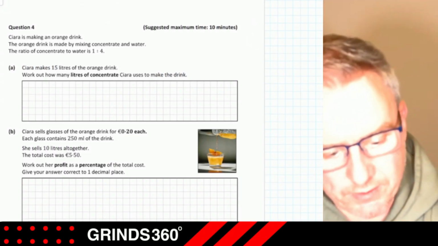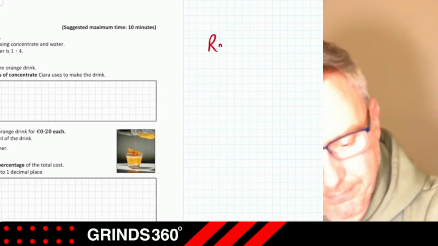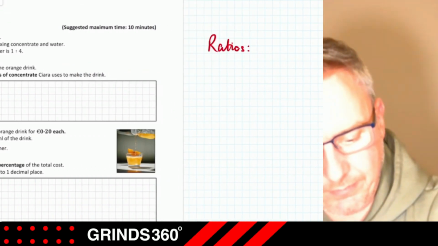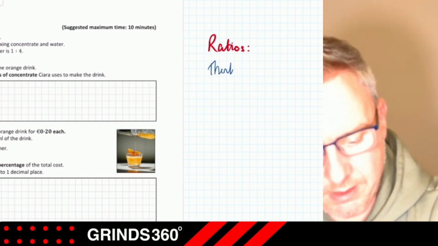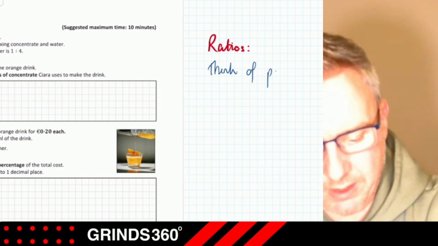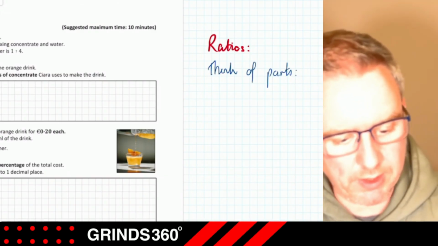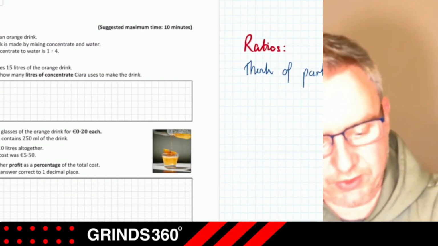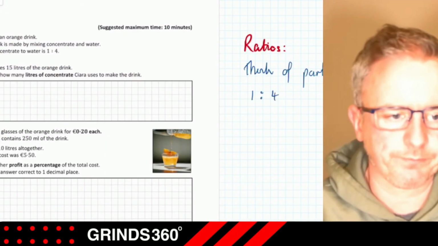Now with ratios, a quick note on that: we have to think of parts. Now, I'll explain what I mean by that. So you come along, and they're saying to you in this question, the ratio is 1:4.